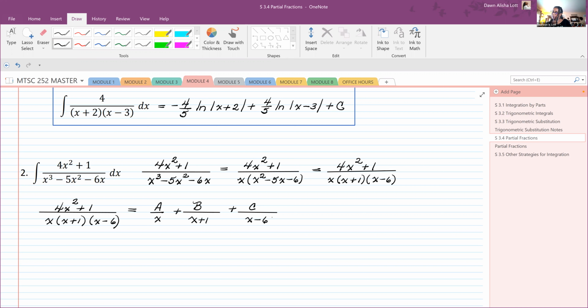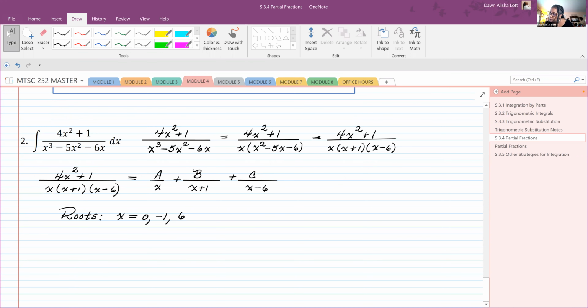All right. Least common denominator. Oh, we got to find roots first. Zero, -1, and 6. Okay, we're good. All right, least common denominator. Well, that is x times (x plus 1) times (x minus 6).